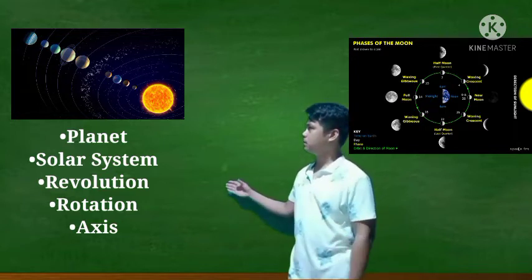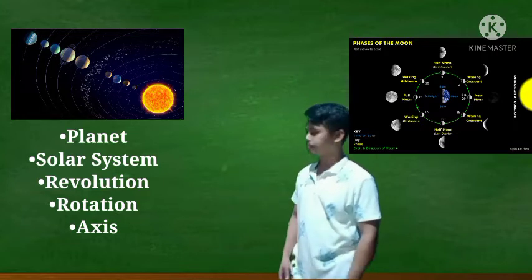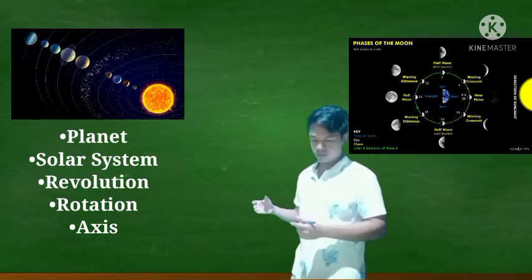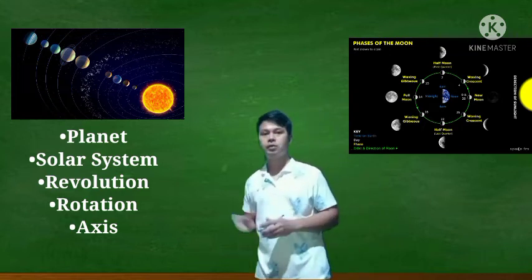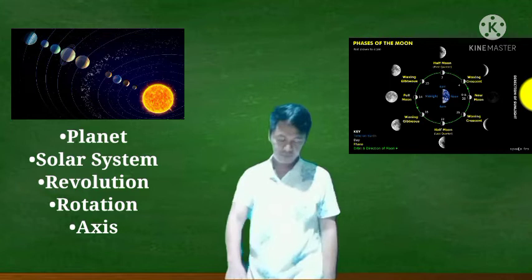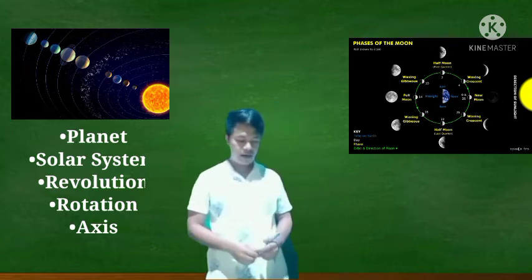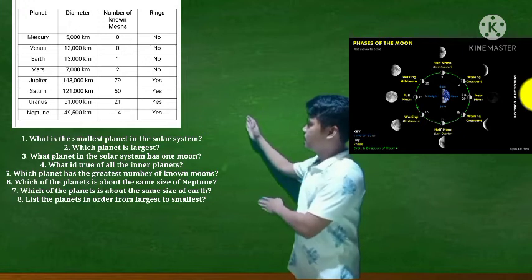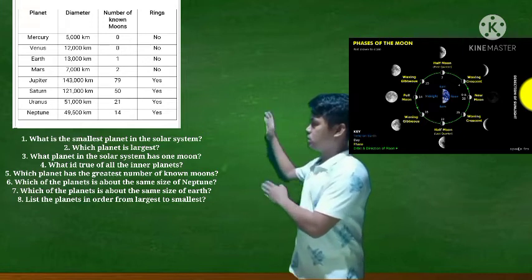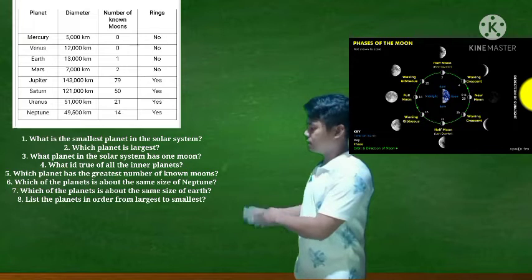What about revolution? What does it mean when we say rotation? What about axis? Okay, very good. For now, grade 6, based on this table, I want you to answer these questions that follow.